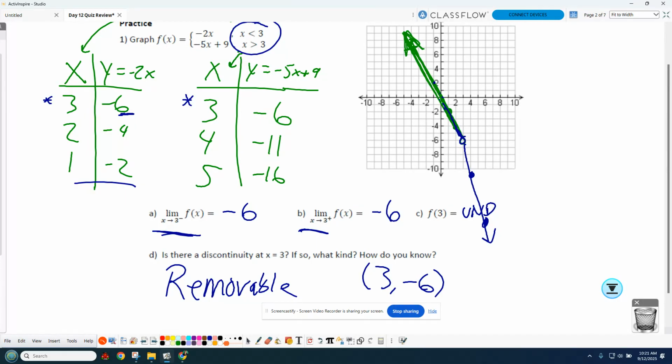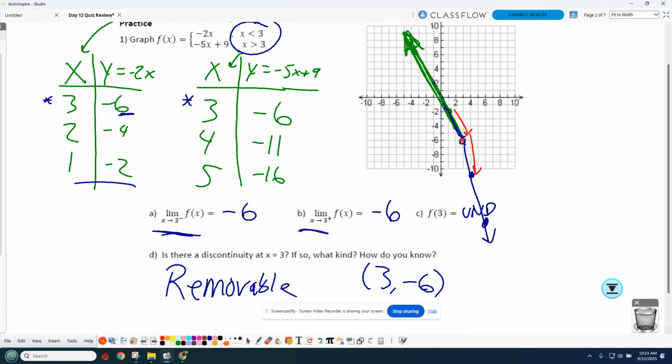Why is it removable? If you were allowed to put your pen down on one spot and fix the problem, could you do that? If I put my pen down right there, does the green branch connect with the blue branch?